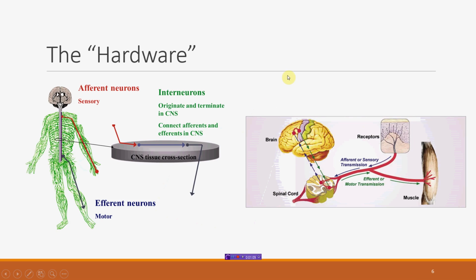Just like a computer, we have a hardware part and we have a software part. So in terms of the hardware, there's many biological structures in the body that are used to transport information either towards the brain or away from the brain to the muscles to coordinate some type of movement.